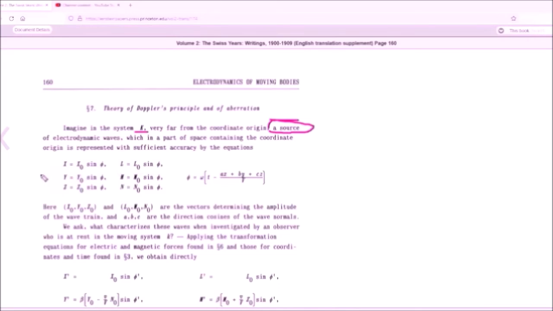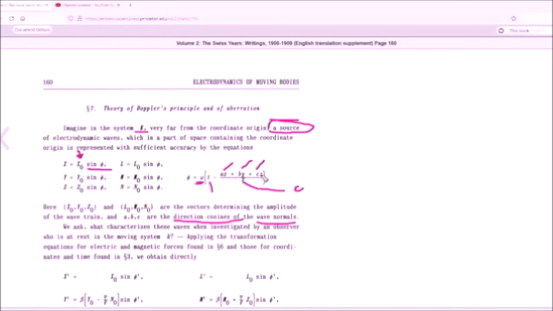So the equations of the electric and magnetic fields will be the amplitude multiplied by a sinusoidal function. That sinusoidal function will have an argument of the angular frequency, the time, and the coordinate argument of the vector. V is the speed of light that we know today as c. And alpha, a, b, and c are the direction cosines of the wave normal.